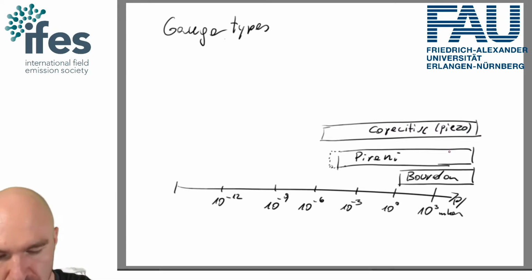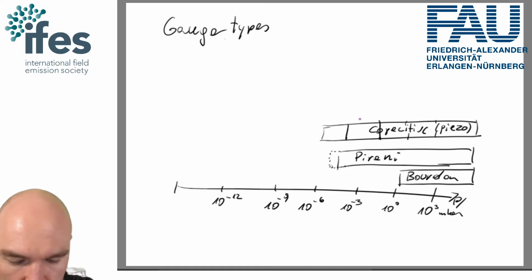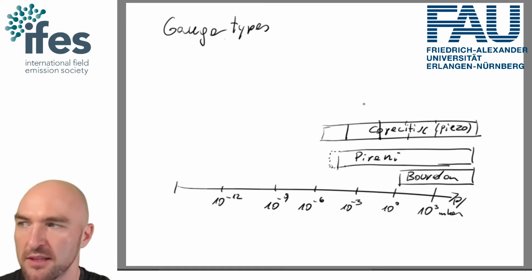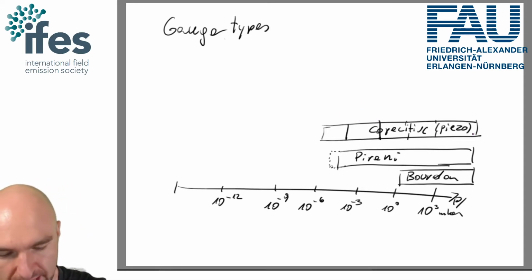We're not going to go into the details, but always only section wise. So if I buy a piezo gauge that goes down to 10 to the minus 6, it might only go from 10 to the minus 6 to 10 to the minus 3 or something like that. So they only give us sections of the entire spectrum here.